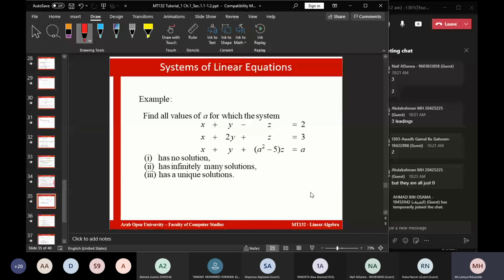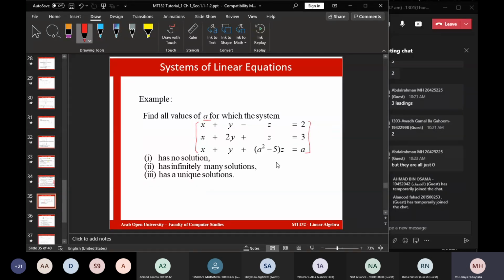Now here there are some examples we want to do. Find all values of a for which the system... what system? Look at the system. It is linear. Why is it linear? Because the power or degree of the variables is 1 and no variables are multiplied by each other: x, y, and also z. This is the coefficient of z.